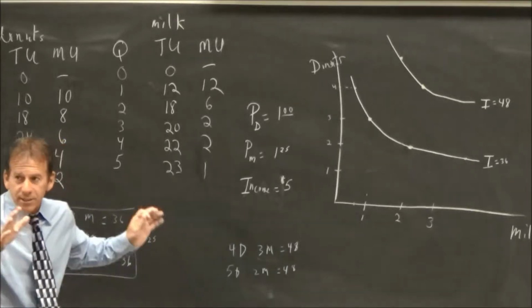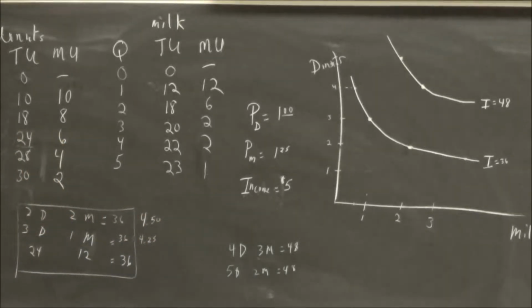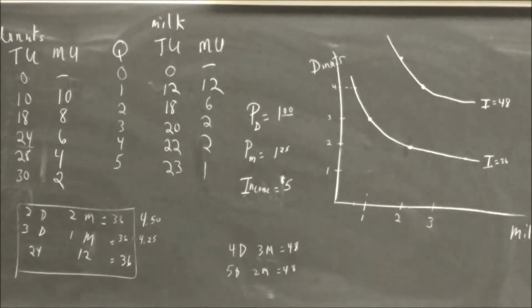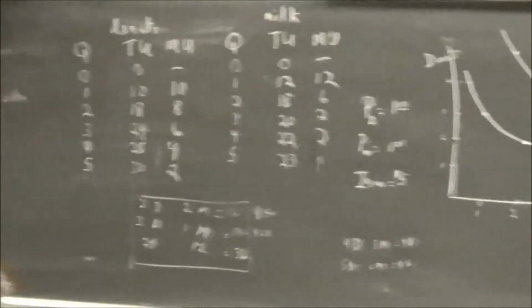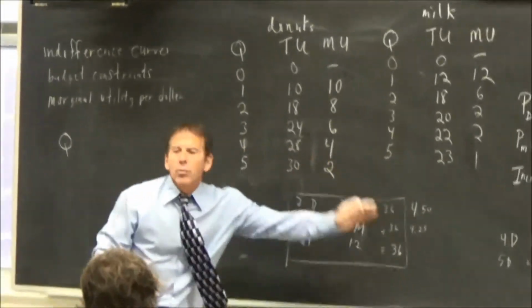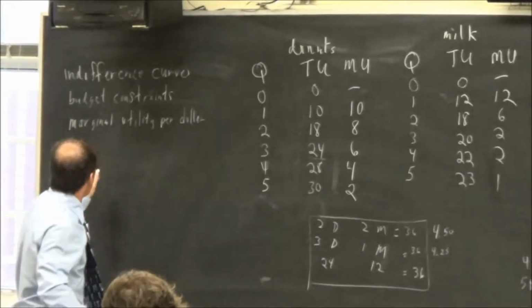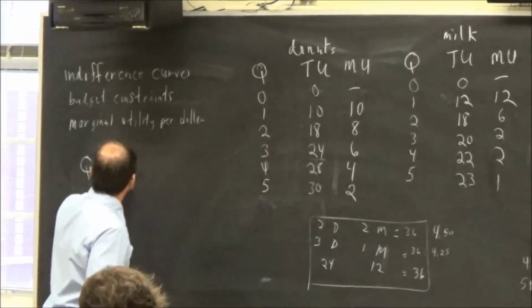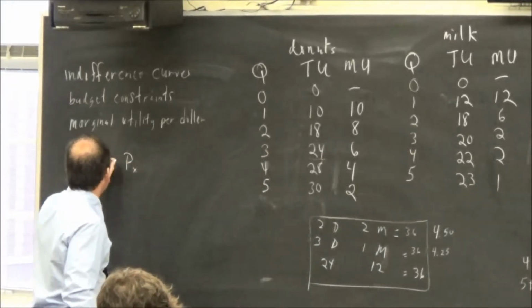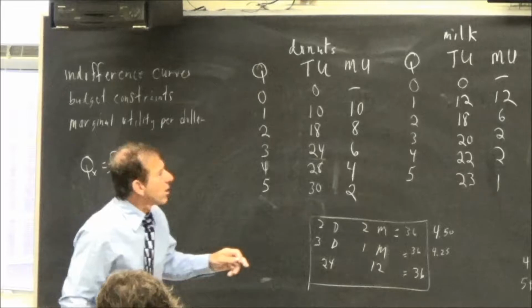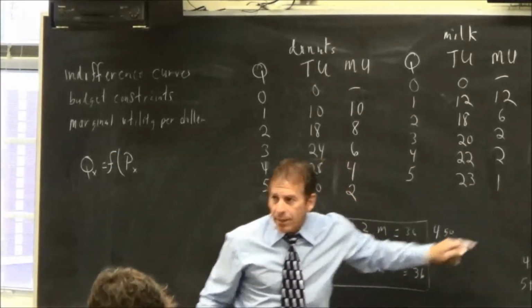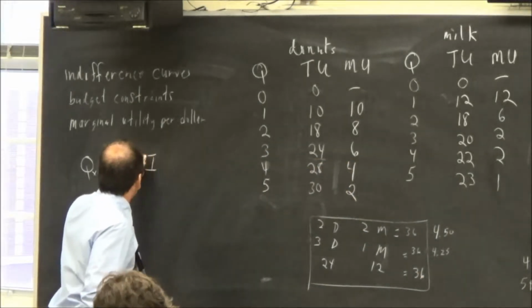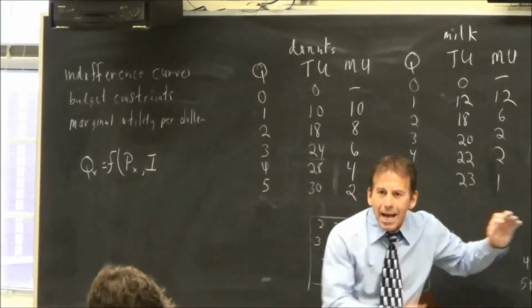So let's take a step back and ask, what's the point of all this? What does this have to do with anything we've done all semester? Here's the answer. We're trying to figure out the Q. The quantity is how many we're going to buy. We're given the price of that good, X. We're also given the income, because that has to be in here.